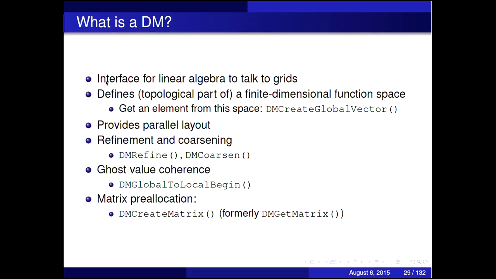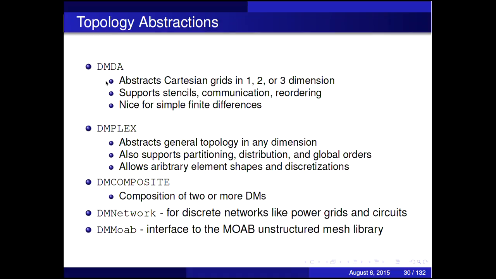This is the toughest part of the presentation, this DM object. As I said before, it's an interface between the linear algebra and the meshes and the grids. Provides a connection between them. There's a few different ones that we provide by default, and you can also add your own. The DMDA, which is for Cartesian grids using finite difference methods normally.